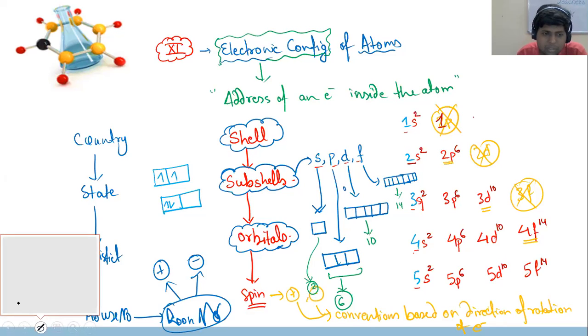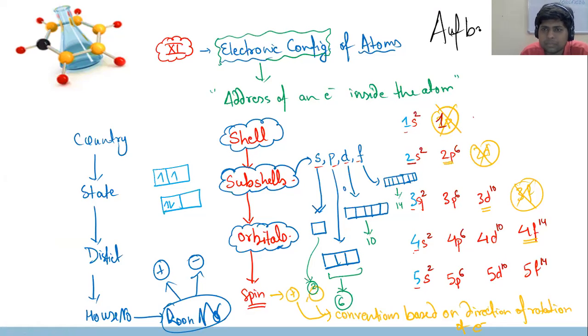Now, how are electrons arranged? There is something called the Aufbau principle. It is a German word, so don't break your head too much over it.